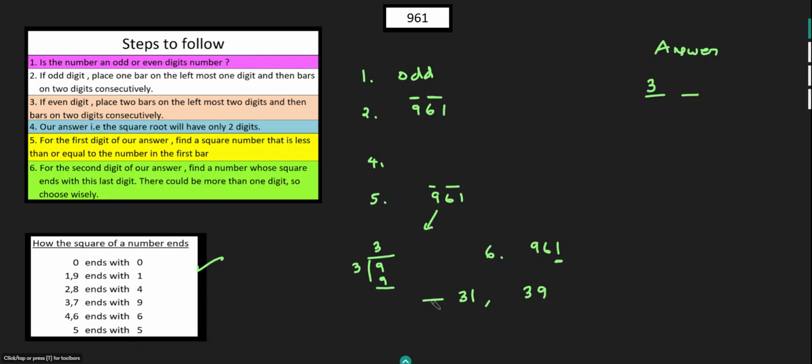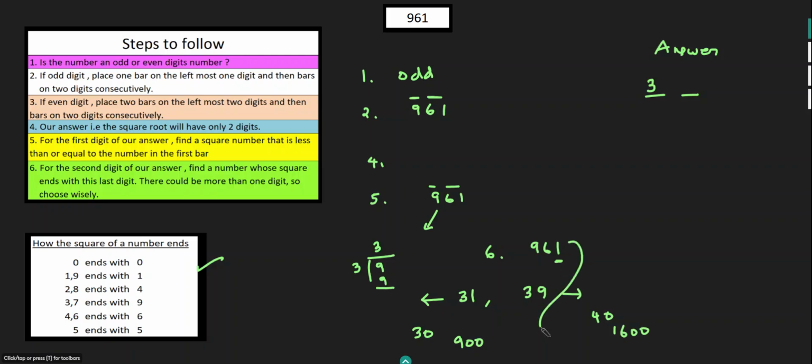For this, we take the first multiple of 10 which is closer to 31, which is 30, and then the next multiple of 10, which is 40. And then find their squares. The square of 30 is 900, and the square of 40 is 1600.